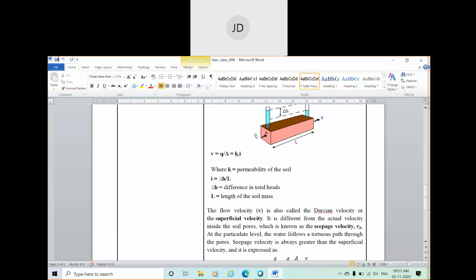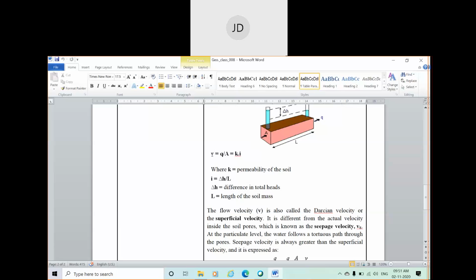Since we already discussed that water is flowing in this direction, the total cross sectional area is considered here. If you find the velocity of flow using Darcy's law, V is equal to Q by A. It is the very basic definition of discharge, Q is equal to VA. I think you know this term. So you can find the velocity of flow.